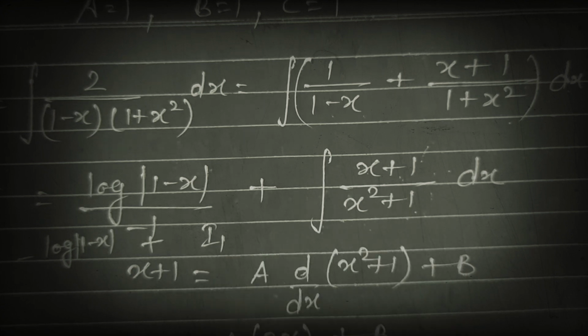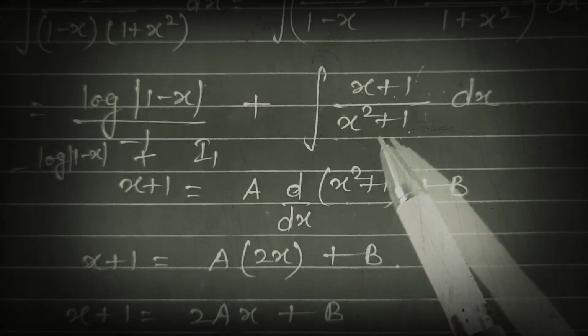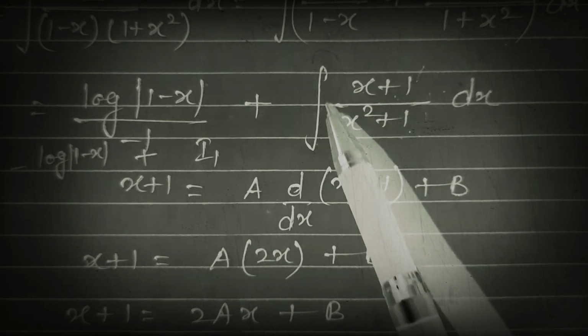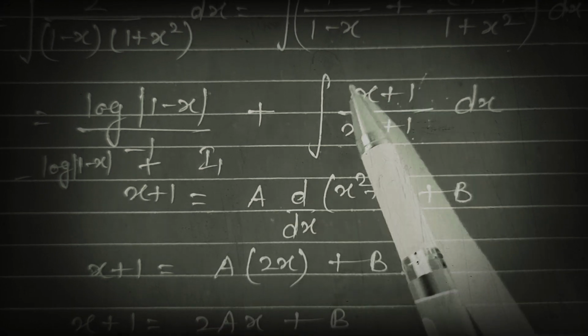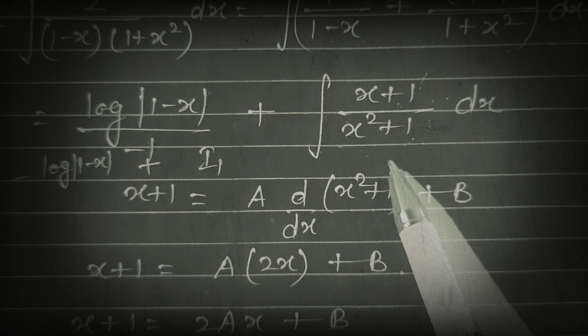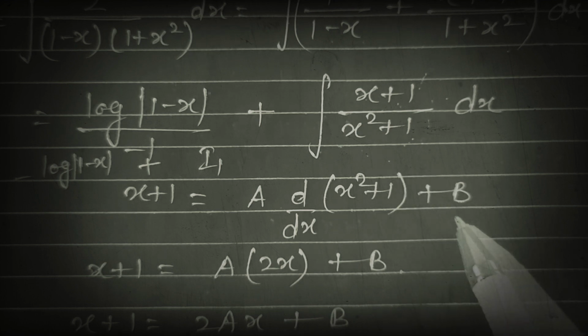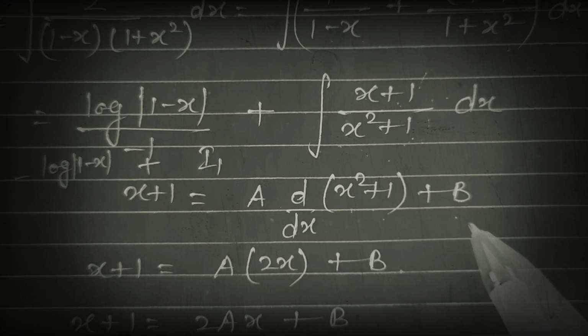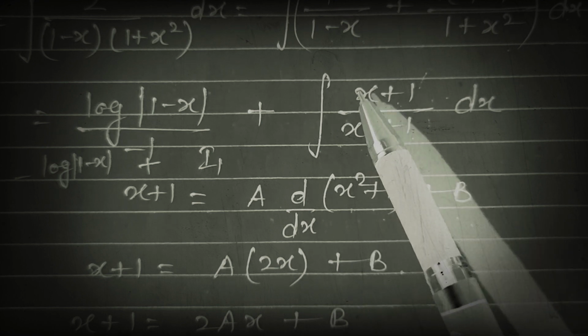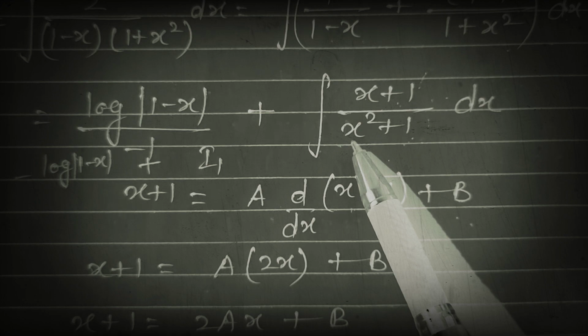We will make the integration separate. Clear? So the integration of (x plus 1) upon (x square plus 1) we will take as I1. Then x plus 1, we will write as a into derivative of denominator plus constant. We will bring the numerator into the form of the derivative of the denominator.